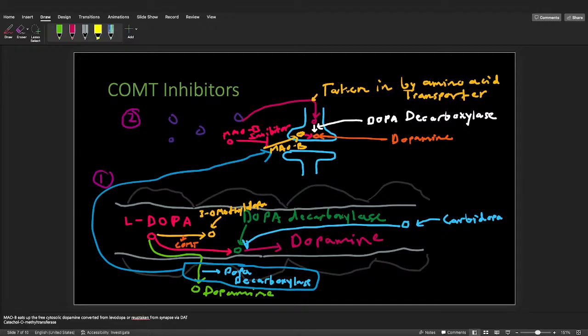So the COMT inhibitors are going to prevent that breakdown of the levodopa into the 3-O-methyl dopa, which is totally useless. It's not going to replenish the dopamine in the brain. So that's what's happening here.